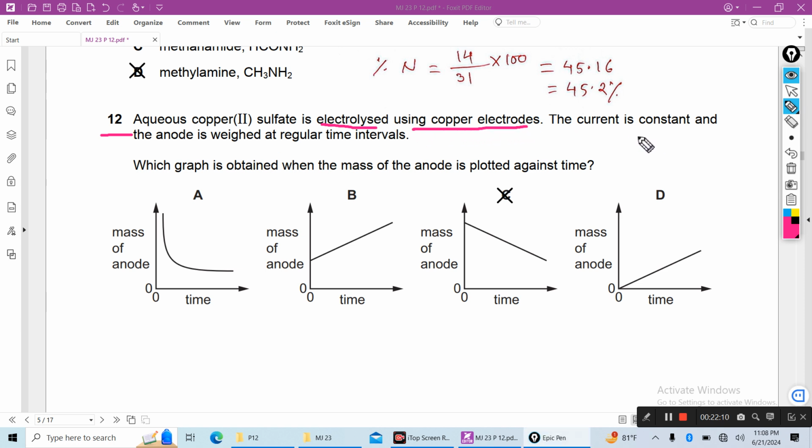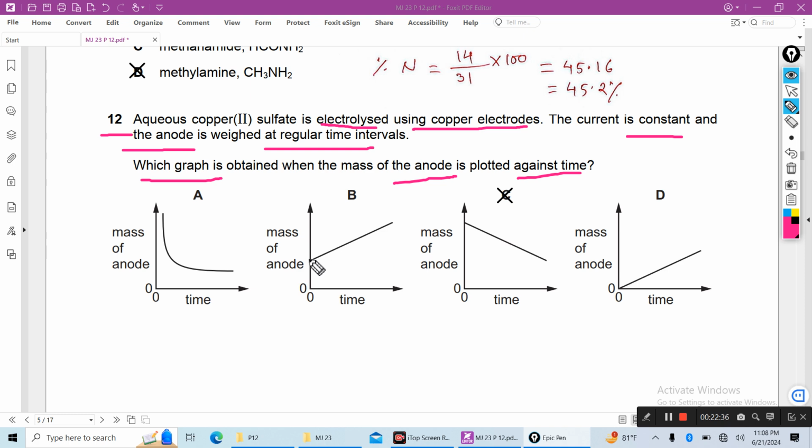The current is constant and the anode is weighed at regular time intervals, and you know the copper at the anode will dissolve, the anode will lose electrons, so mass will decrease. Which graph is obtained when the mass of the anode is plotted against time?